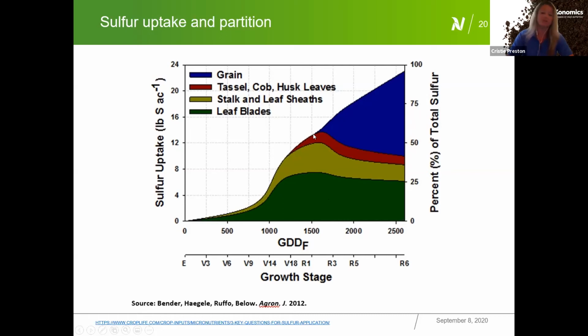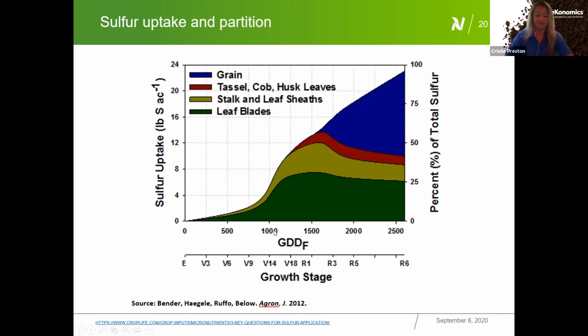Again, it's not being translocated into the plant, it's being taken up and sent to these portions of the plant. Now, of the total sulfur taken up, you can see that more than half of it is being moved to the grain, and that means higher removal rates per bushel of crop produced.